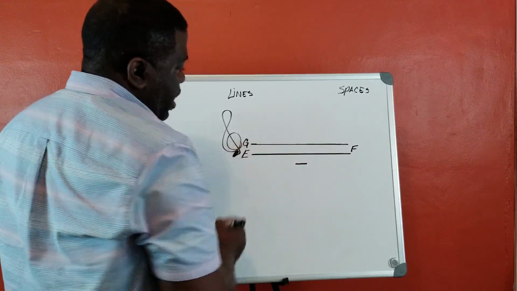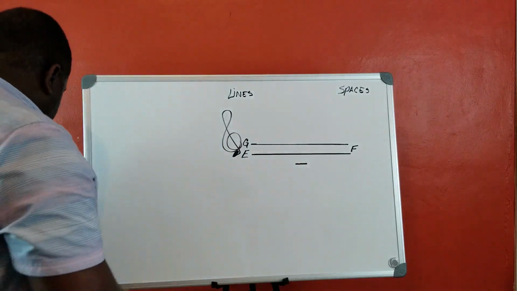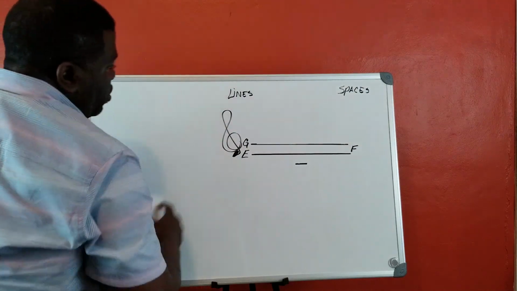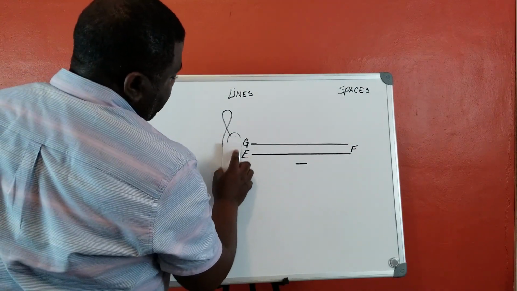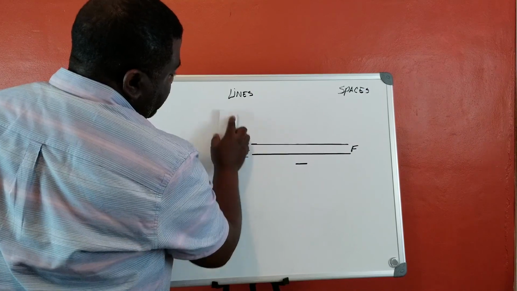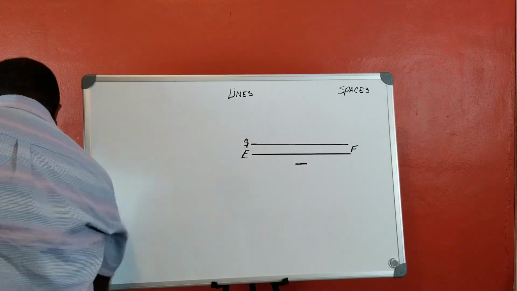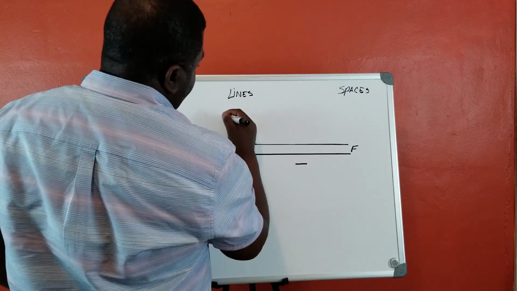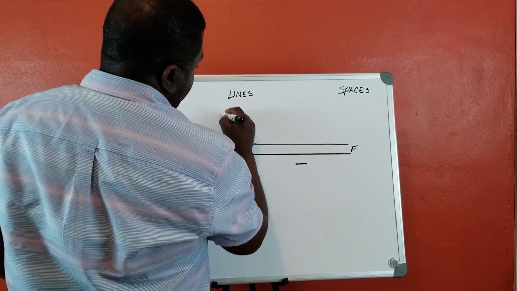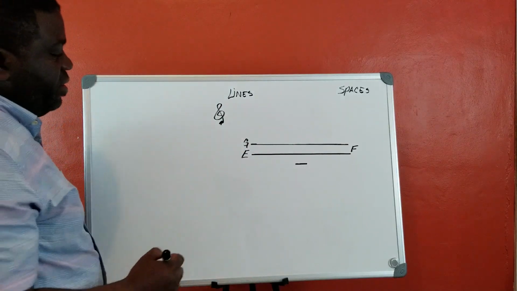Let me erase that treble clef sign for now. You all know what it is. I'll probably make a little small one up here, just so everybody knows. Yeah, that's better.